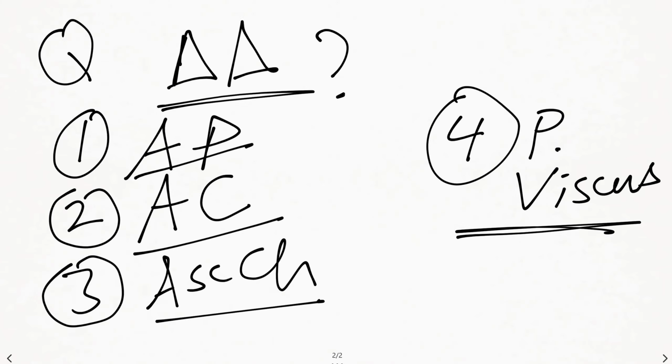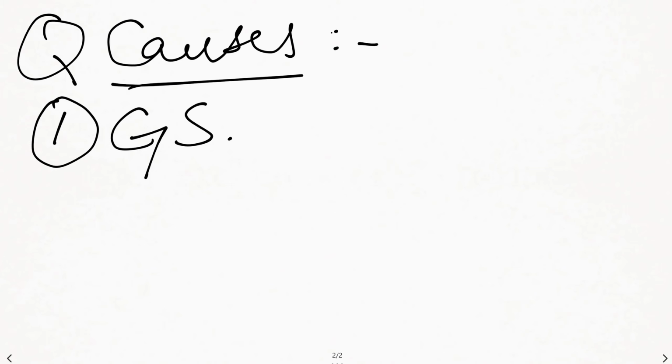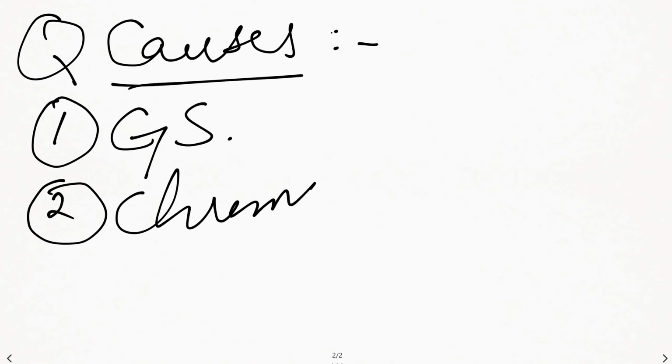Okay, this question is finished. Next, they are going to ask you what are the causes of acute pancreatitis? Let me tell you that there are tens of causes of acute pancreatitis. I think that anything in the world can cause it, but please remember the commonest. Number one, gallstones. Number two, chronic alcoholism.